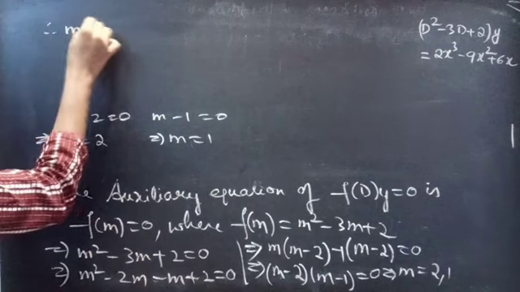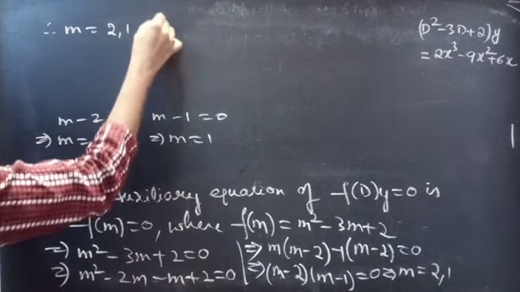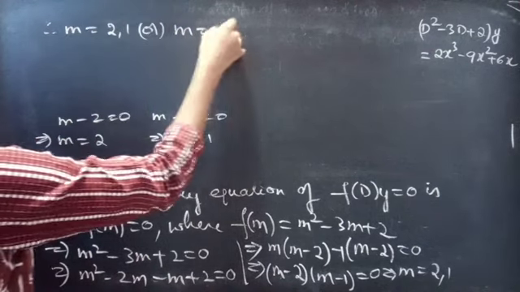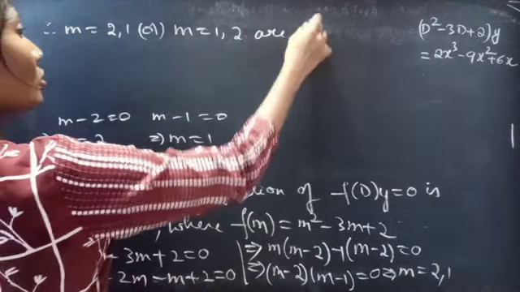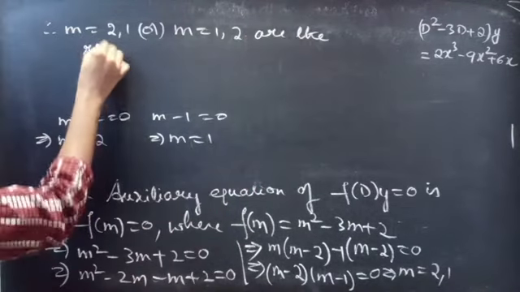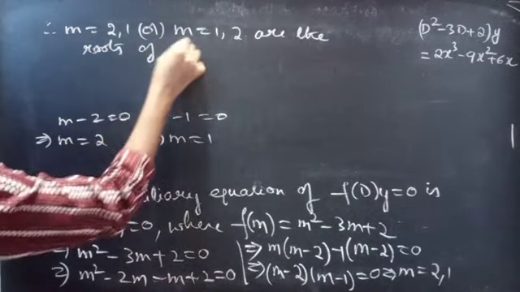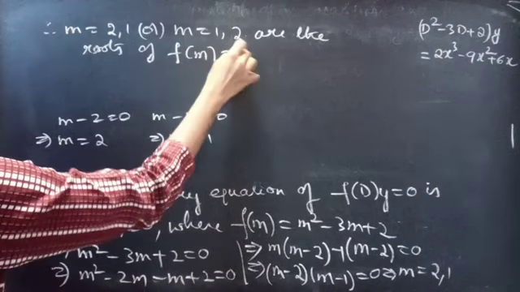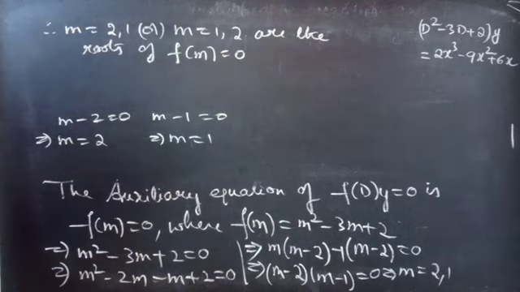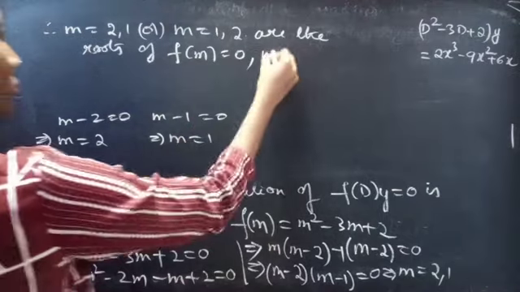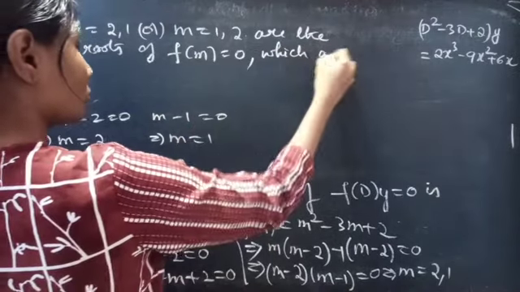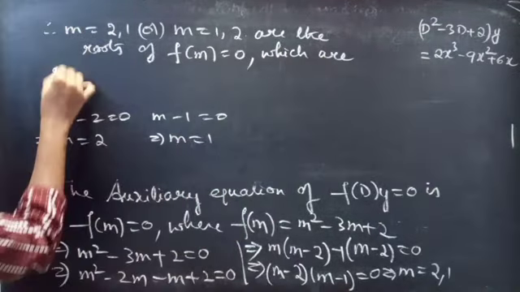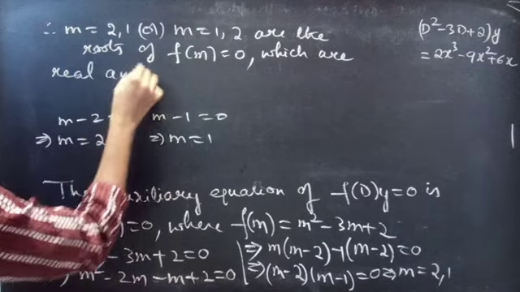Therefore, m = 2, 1 or m = 1, 2 are the roots of our auxiliary equation F(m) = 0, which are real and distinct or real and different.